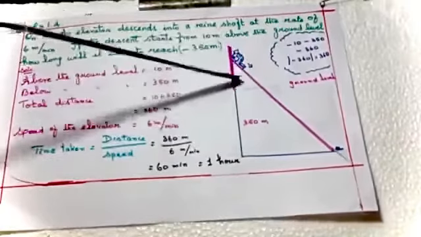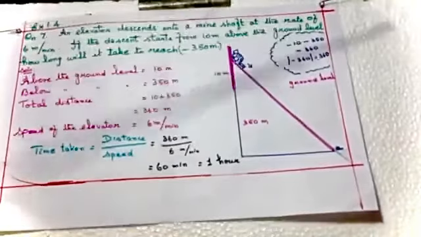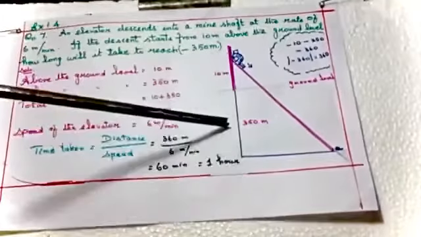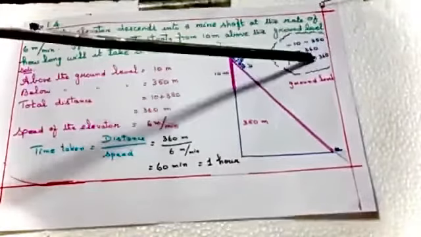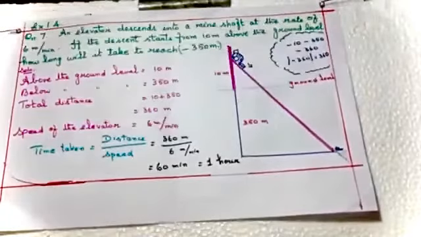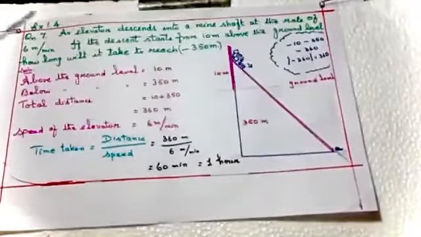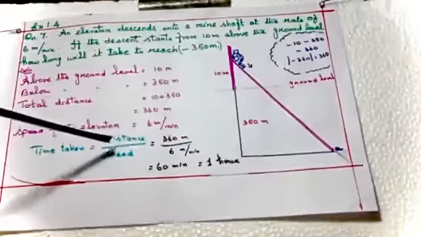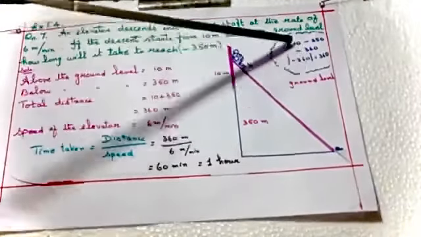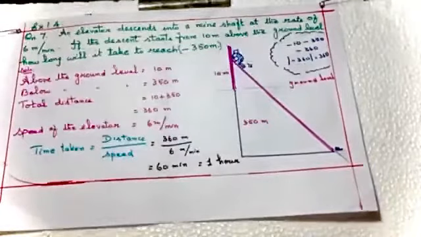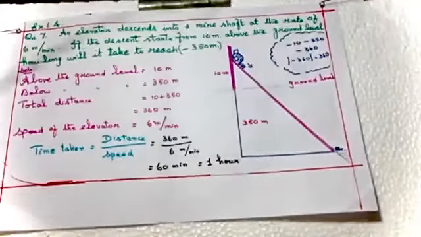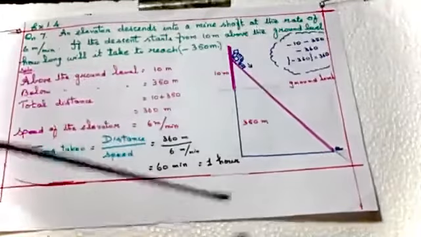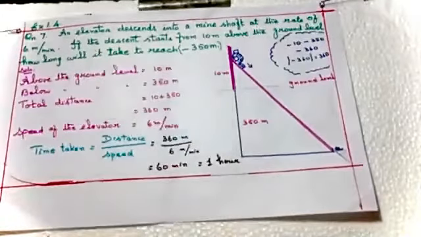Even this 10 meters you can write as minus 10, and this 350 you can write as minus 350. So minus 10 minus 350 gives you minus 360. But as I told you earlier, we can't denote the distance with a negative, so we take the absolute value. The absolute value of minus 360 is 360. Using that 360, we can proceed and get the result of 1 hour.